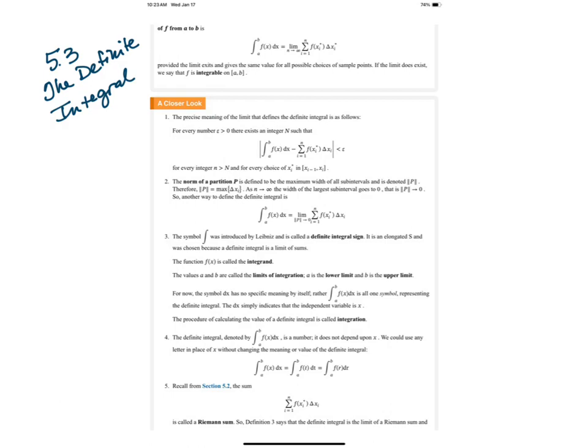Okay? That's the difference. So for this part 5.3, I wanted to look with you at page 415. And it has the definite integral in the form on the interval from a to b. These two numbers, a and b, are called the limits of integration.